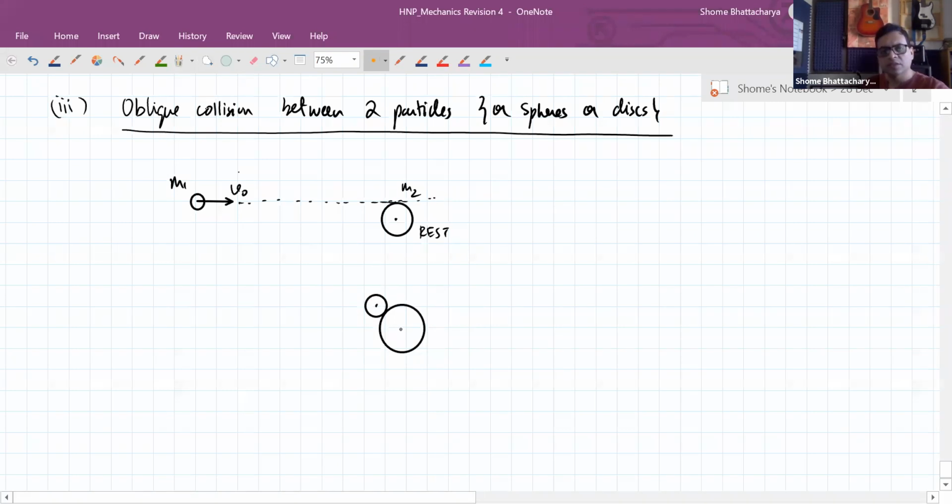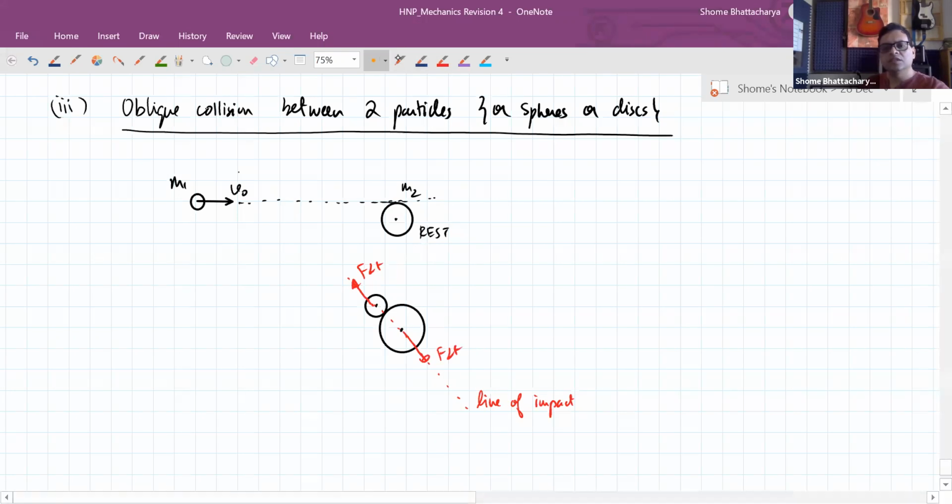So the center to center line, that is the line of action of the collision impulse, or in simple terms, we can just call it the line of impact. Because the collision impulse acts along this direction. Okay.